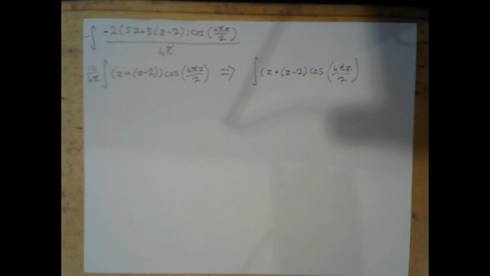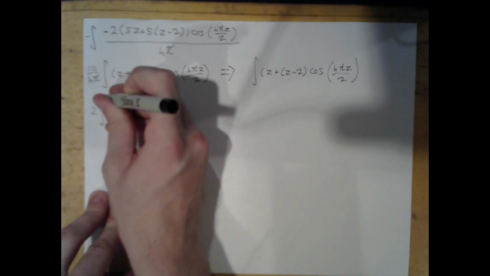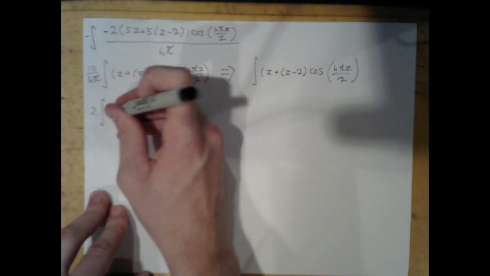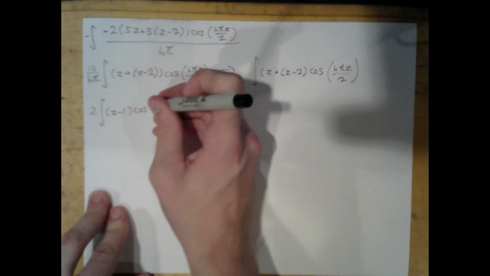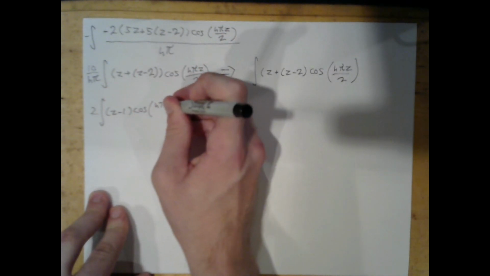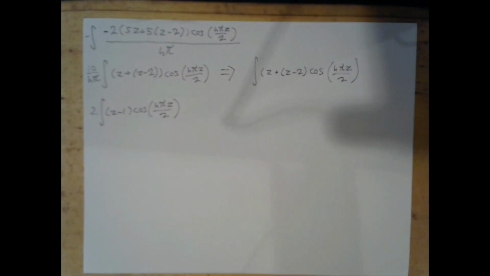So we can actually factor out the 2. So we're actually going to wind up with 2 multiplied by the integral of z minus 1 cosine of h pi z over 2. And this should start to be looking like a substitution problem. We still have one more integration by parts to do, but this should definitely be starting to look like something you can do a substitution with.